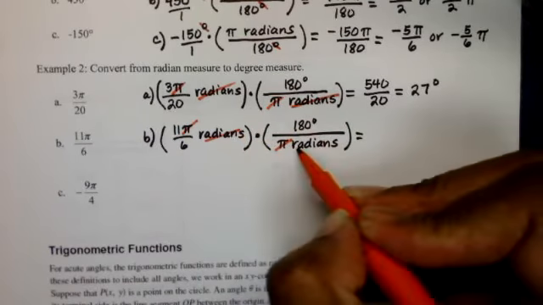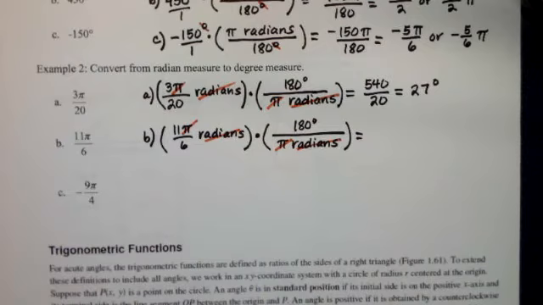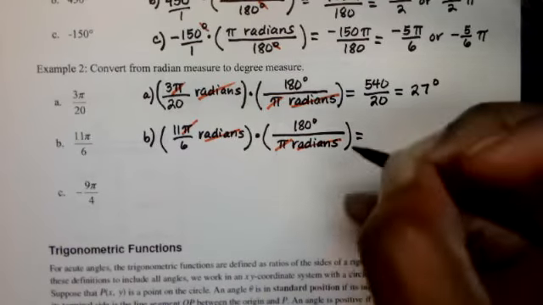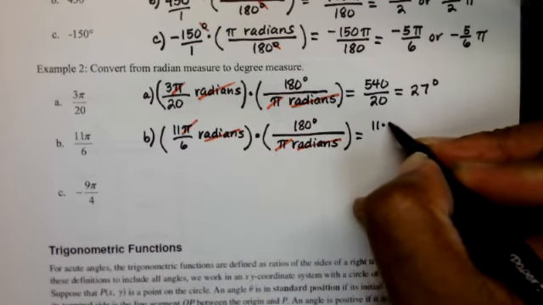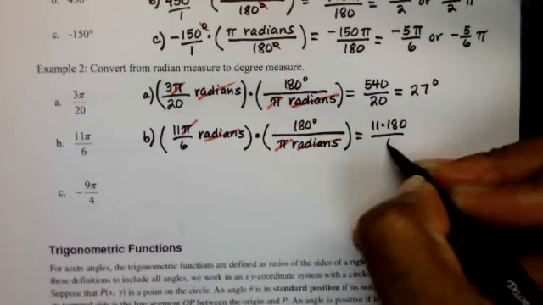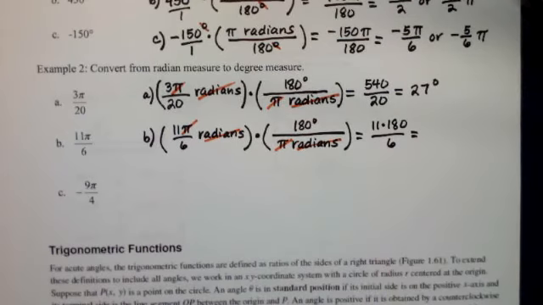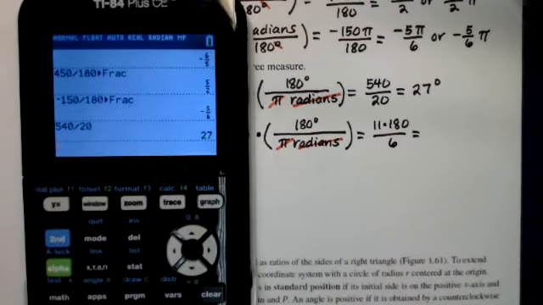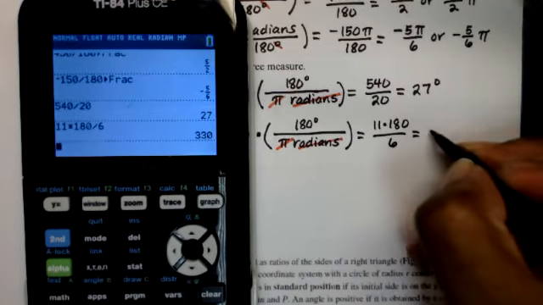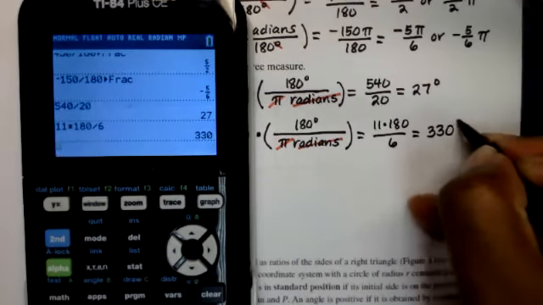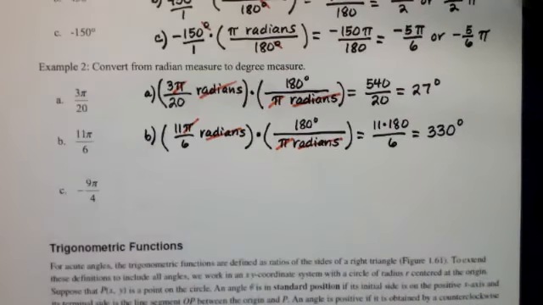Also, radians divides out as well. So now we have 11 times 180 divided by 6. Now go ahead and do that in the calculator as well. 11 times 180 divided by 6, which will be 330 degrees. So 11 pi over 6 radians converts to 330 degrees.